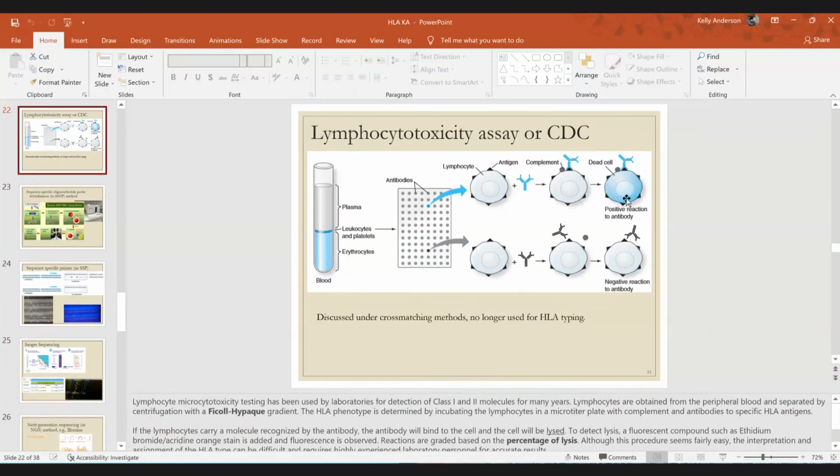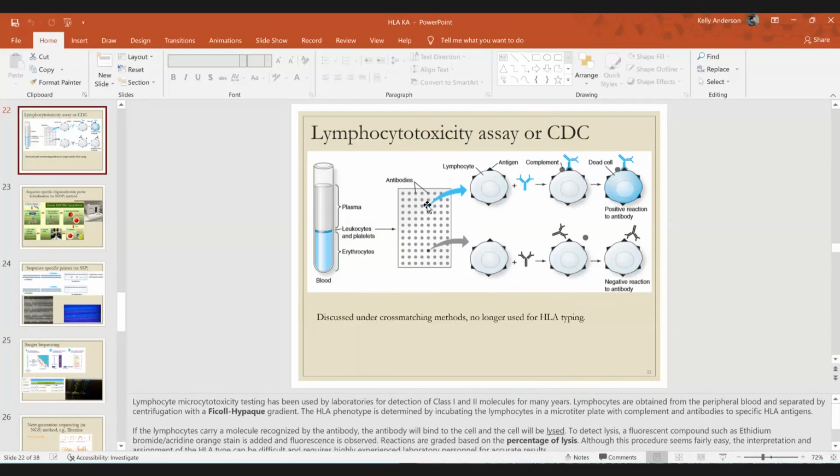And if you had dead cells, then that meant the patient was positive for the antigens of the antibodies that were in that plate. So basically you have a tray map, like well 1 has anti-A2, well 2 has anti-A3, and then whichever wells had the dead cells, you would know that was the type of the patient.